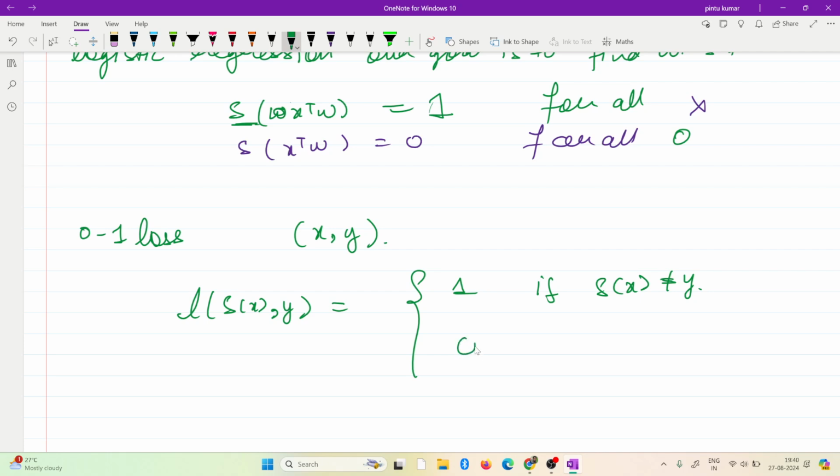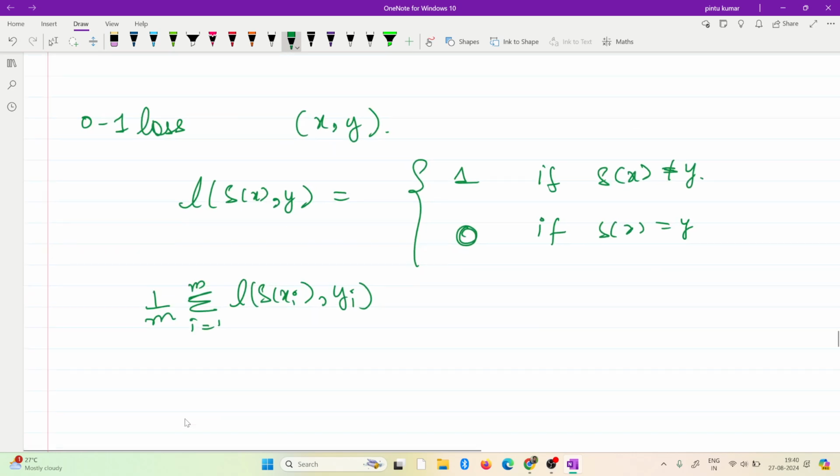Okay. And if your S of X is equal to Y, so if you are making correct prediction, you are getting 0 error or 0 loss. Okay. And the overall loss can be calculated as the sum of loss between S of Xi comma Yi, from i is equal to 1 to m, and again this scaling you can do.